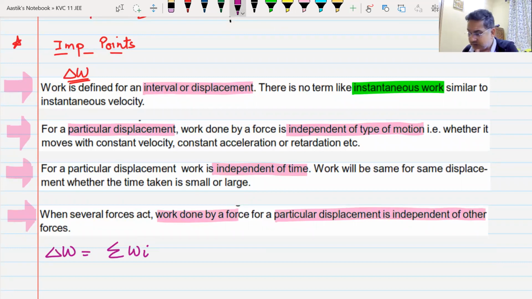When we found out the work done by gravity, we did not think about friction. When we found out the work done by friction, we did not think about work done by the applied force. Why? Because they are independent. Work done by one force does not depend on the other force, and therefore you can add up all these works together to find the total work done on the body. Do we understand this? Yes or no?